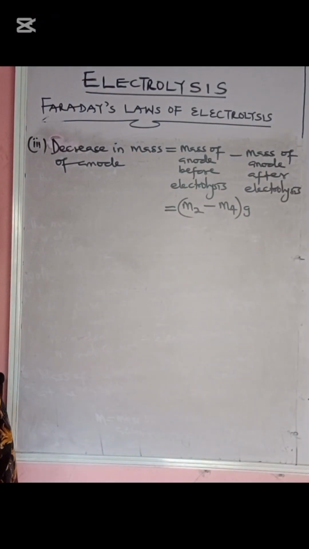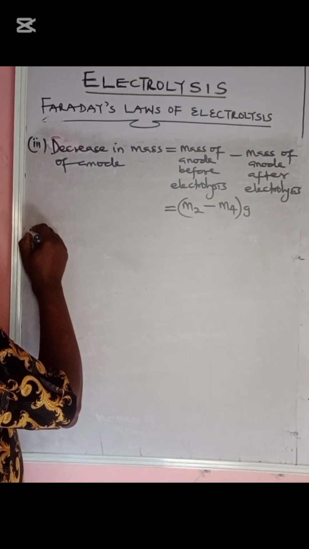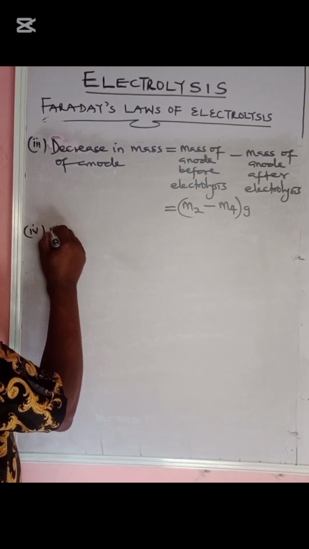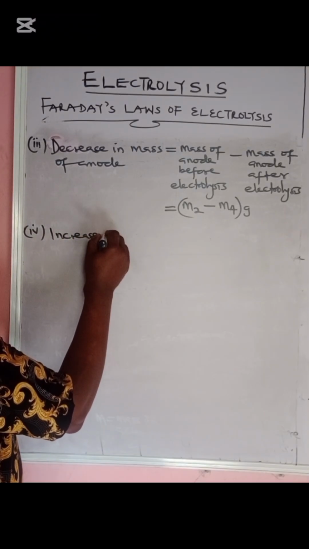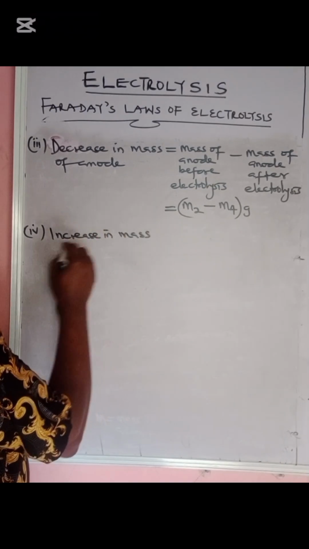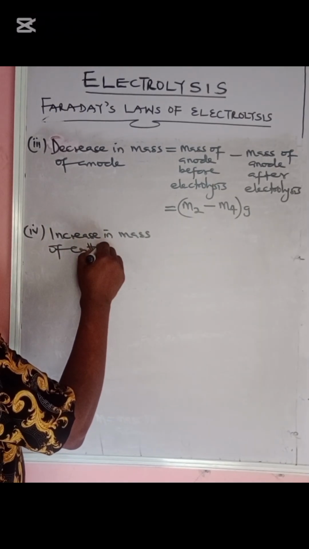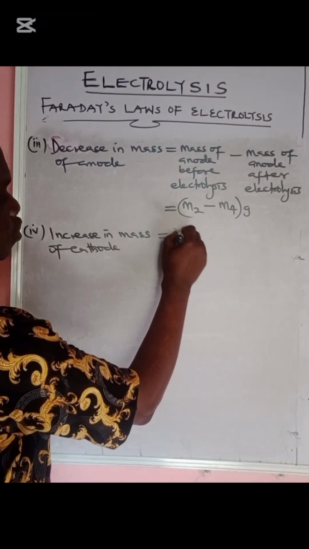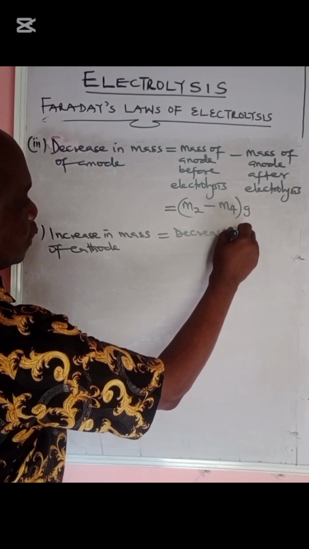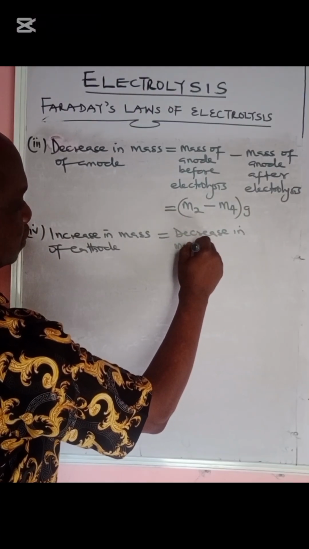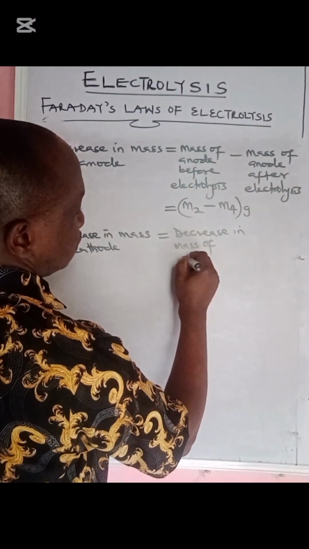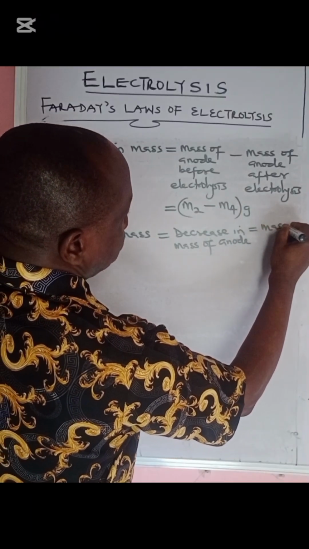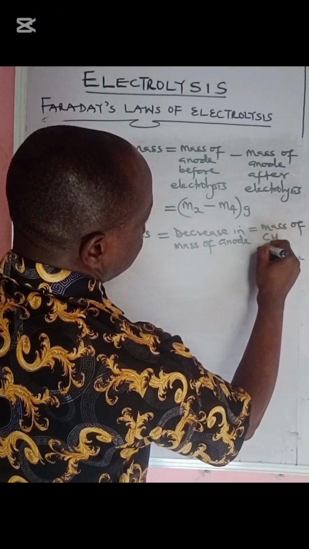So number 4, it was observed that increase in mass of cathode is equal to decrease in mass of anode, which is equal to mass of copper deposited at the cathode.